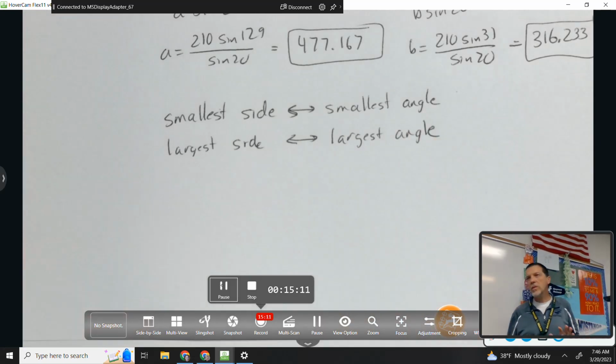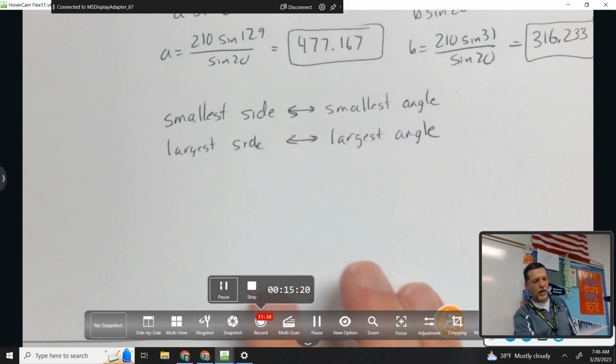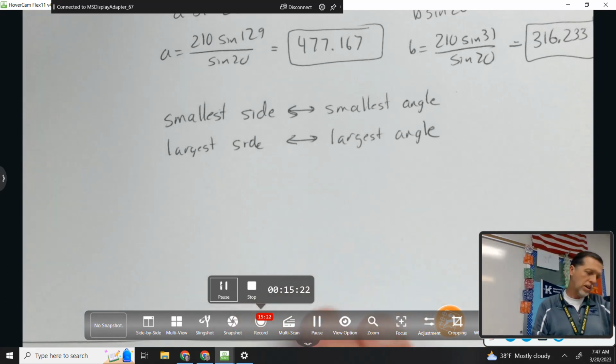So that's a really quick and easy check when you get done. It doesn't guarantee you got it right, but if this isn't true, then you probably just messed up something in the calculator.